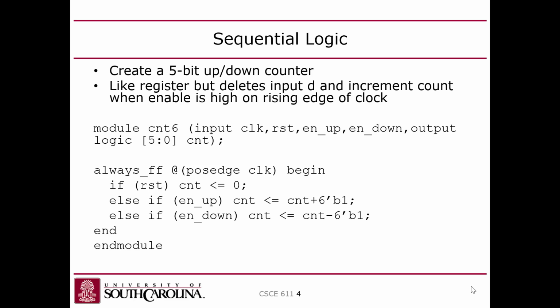It's kind of like the shifter in which, instead of shifting, it does a count. But you can count up or count down, and its state is whatever the current count is. So in this case, the state is stored in this count output.